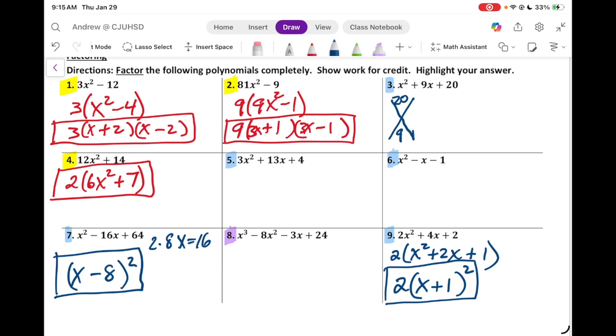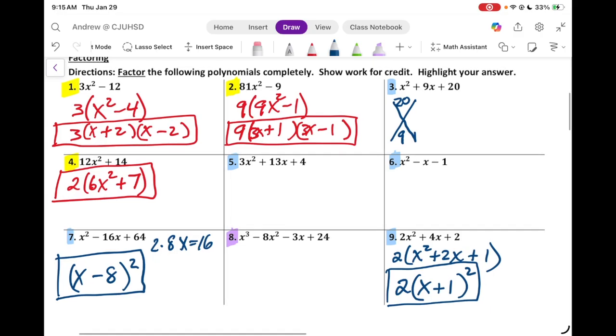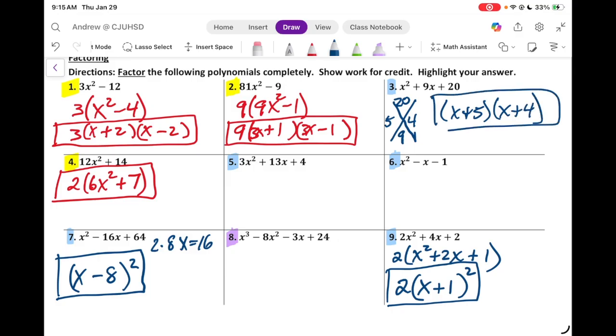We can say, can I think of two numbers that multiply to 20 and add to 9? And yes, we can, 5 and 4. So that would be x plus 5 and x plus 4. And there we go.